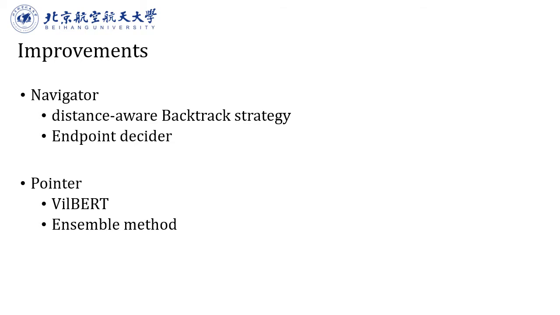And for the pointer, we use ViLBERT to replace MAttNet in the baseline. We will introduce ViLBERT and how it works on this task, and then talk about the ensemble method of ViLBERT.